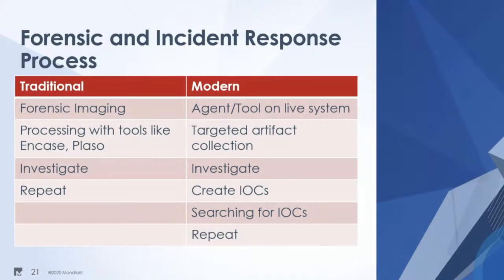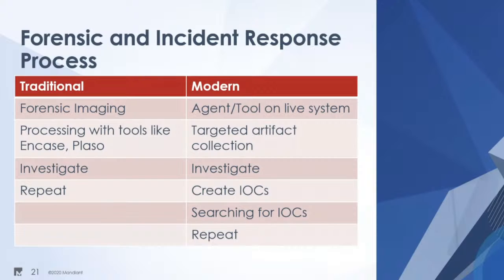We do an investigation. From that, we take a look at what our IOCs, or indicators of compromise, are, to try and map what the attacker's doing in a repeatable fashion. So if I see an attacker constantly staging everything out of one directory, I'm going to take that and make an indicator of compromise saying always look in this directory for something.